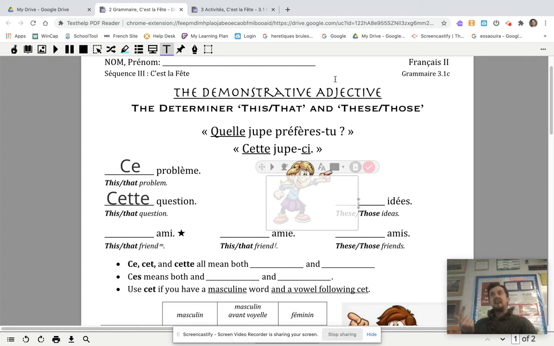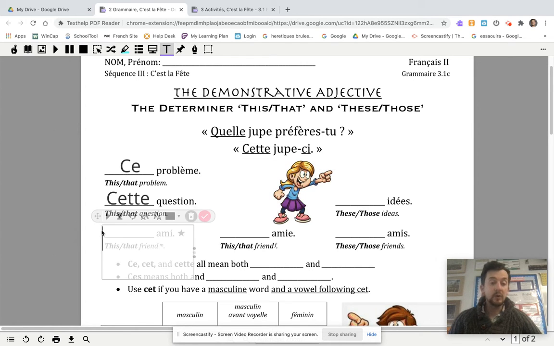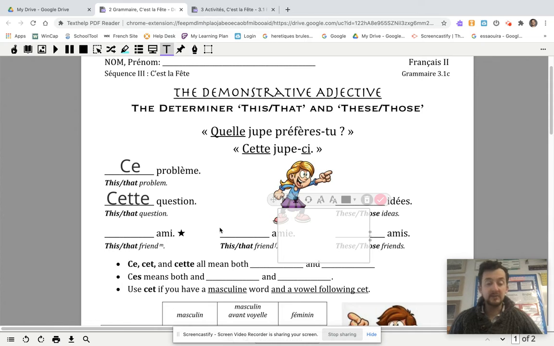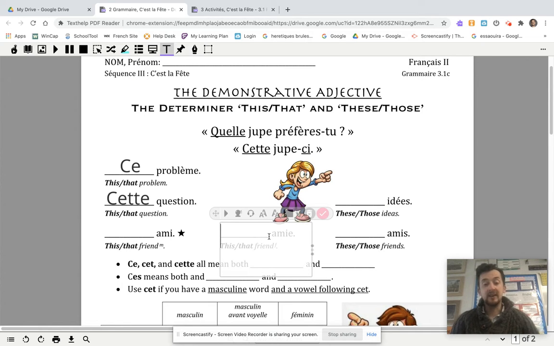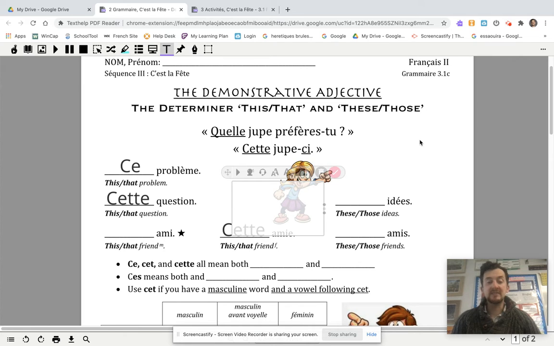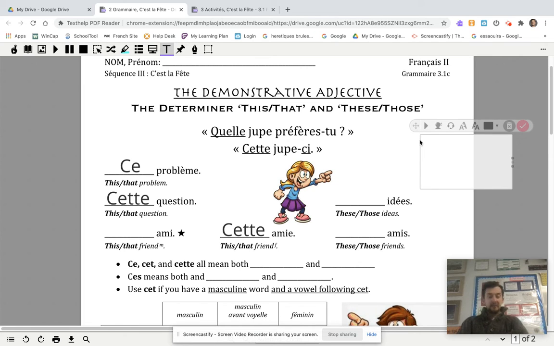Now, you have the added problem in French, just like you have l apostrophe in front of things that begin with a vowel, right? You have an added problem in French: what if I have a word that begins with a vowel? D'accord? So what if I have, let's do the feminine first, this friend. Well, this friend, this is pronounced cette in the feminine, cet ami.